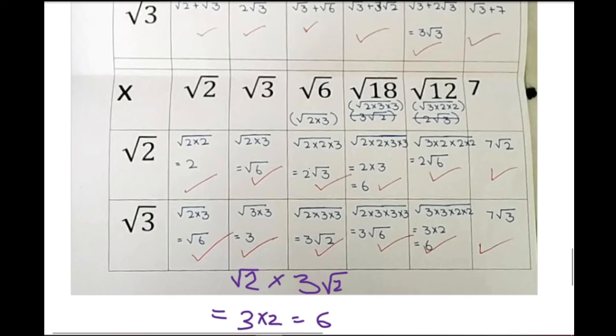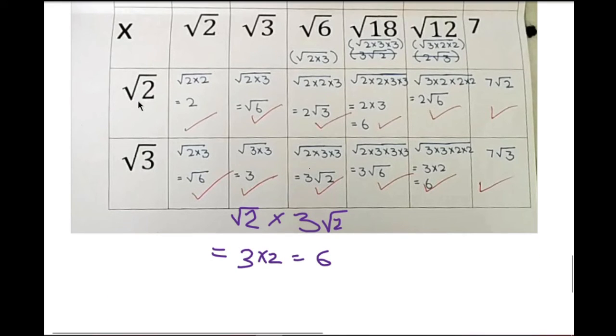Here, when we multiply root 2 and root 18, one way is this, even this would work, because this is root 2 into 3 root 2. So this is x into 3x. X into 3x is 3x square.